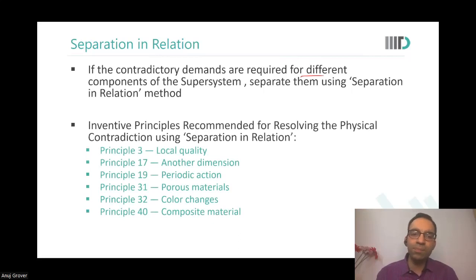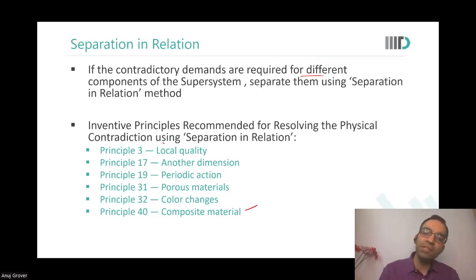So you're talking about separation in relation. The principles commonly used to solve physical contradictions by separation in relation are local quality, moving to another dimension, periodic action, using porous materials, bringing about color changes, using composite materials. All of these are separation in relation.